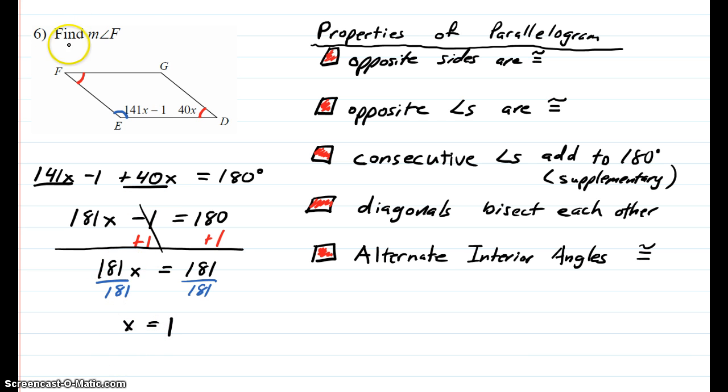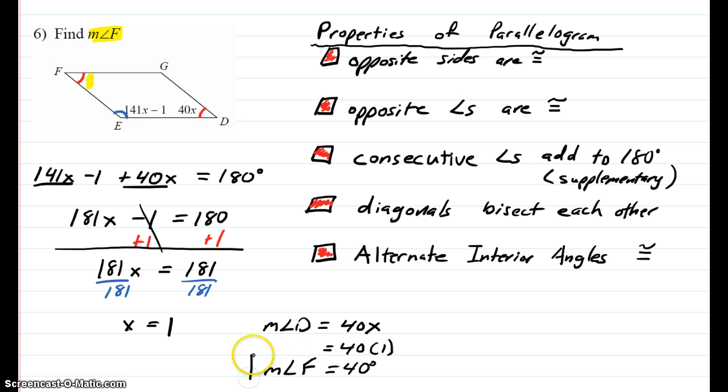Now the question said, find the measure of angle F. Angle F is here, and we already talked about angle F being equal to angle D. So the measure of angle D is going to equal 40x. Now we know x is 1, so it's just 40 times 1, which is just 40. Since D and F are equal, the measure of angle F is equal to 40 degrees.